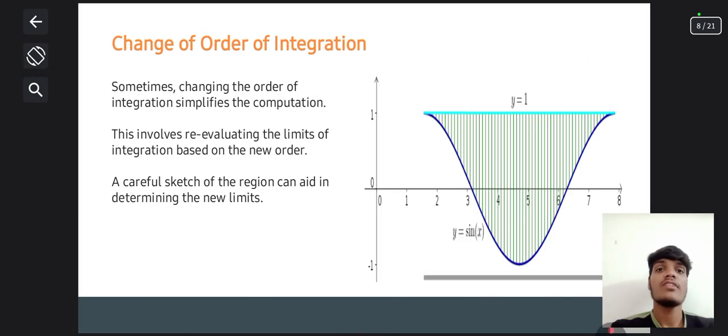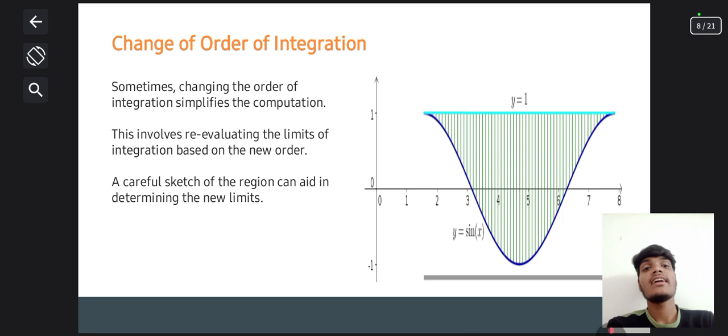Next, change of order of integration. To evaluate some integrals, we have to change the order of integration, because sometimes the original order is very difficult to evaluate. So that's why we change the order of integration. Sometimes changing the order simplifies the computation.